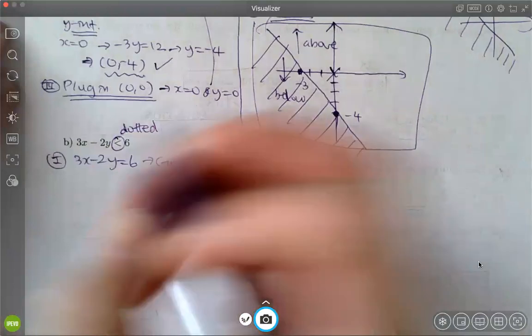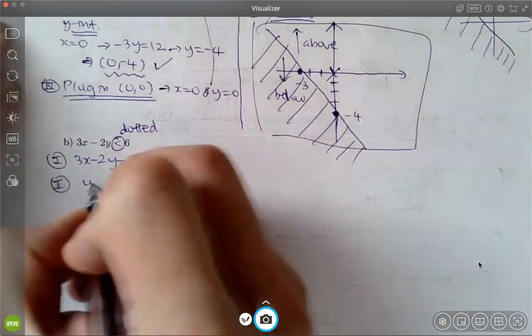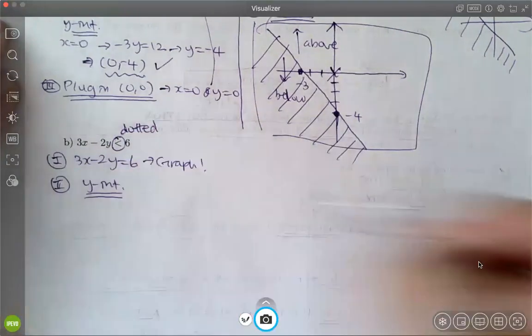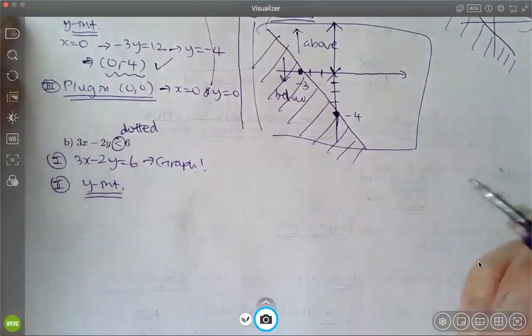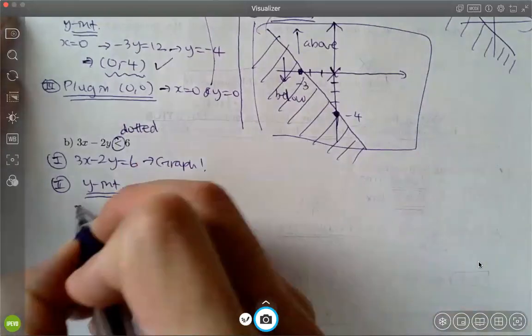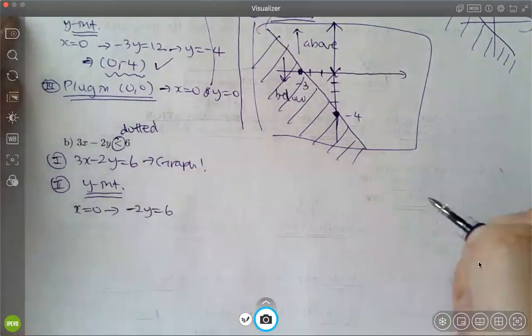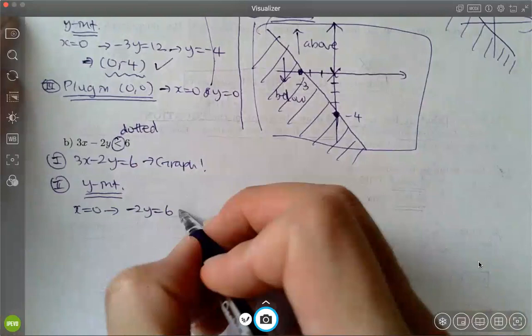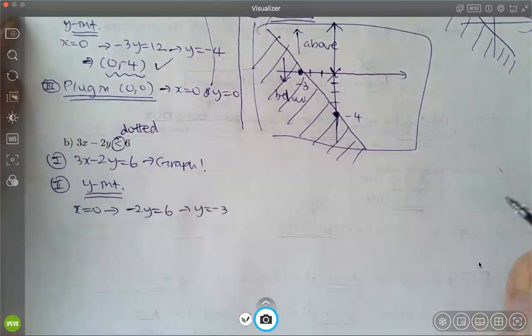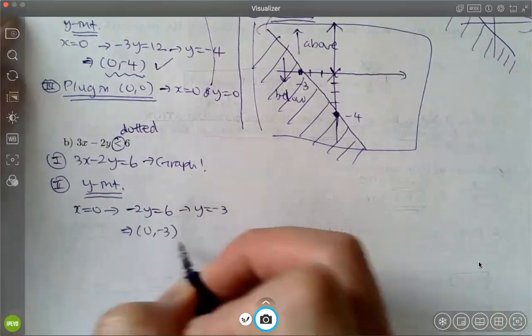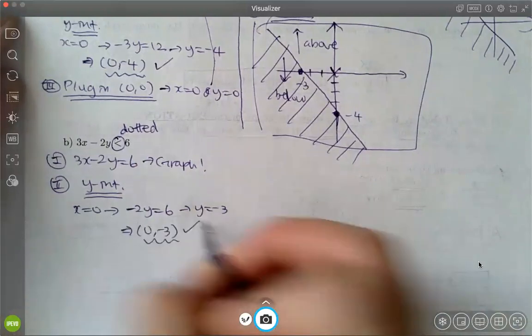Okay, so that means we need the 2 points, x-intercept and y-intercept. So y-intercept, set x to 0. So what do you get? Negative 2y equals 6. And so y is equal to negative 3, right? So this means the point 0 comma negative 3, which is again a good point.